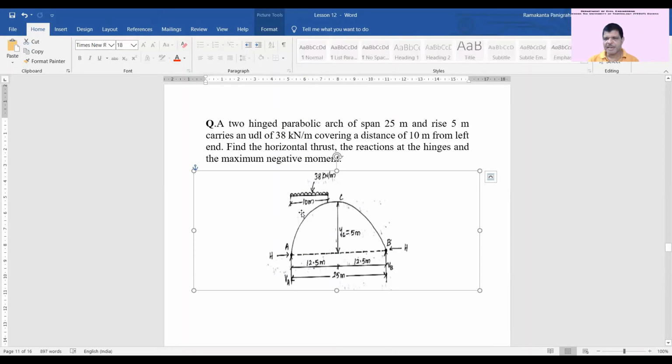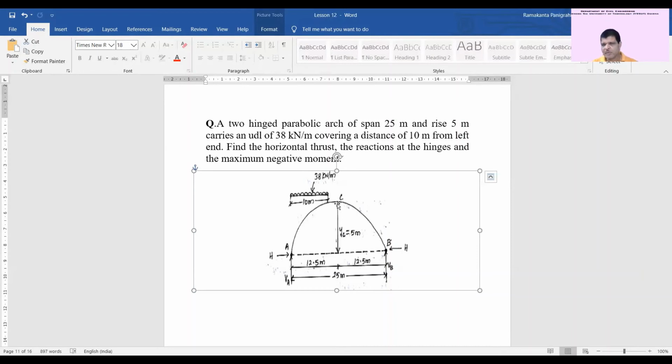If it could have been half of the span, then you can directly put this formula H is equal to W L square by 8 Yc that we have derived for this UDL. Now here you cannot apply this equation directly, and you have to calculate this value from the basics. You have to calculate H is equal to integral of M y ds by integral of y square dx.